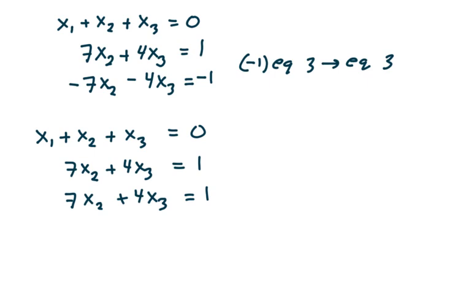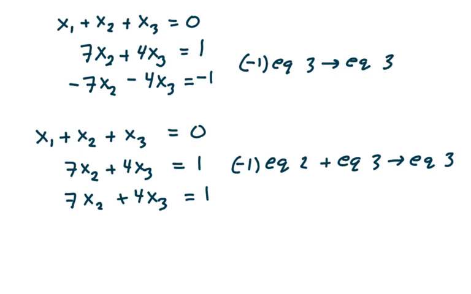Now, from here, I'm going to take negative 1 times equation 2, and I'm going to add equation 3. And I'm going to put the result back into equation 3. And that basically will vanish equation 3, right? Does that make sense?